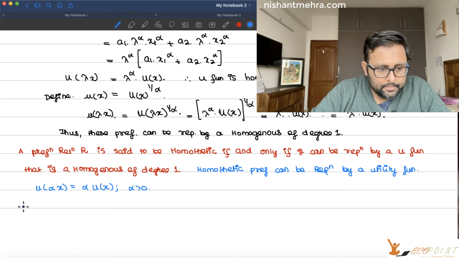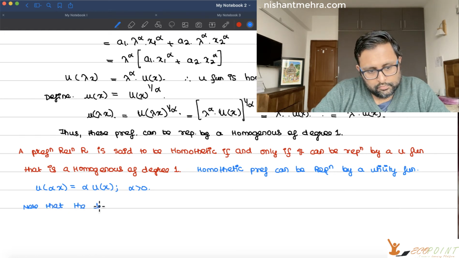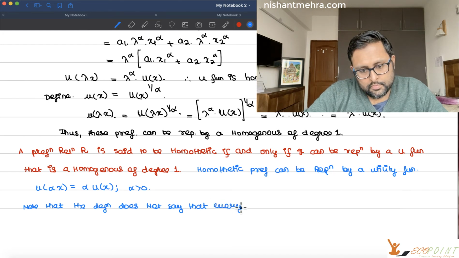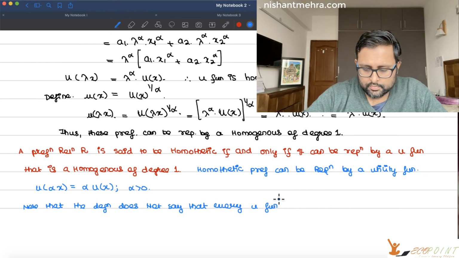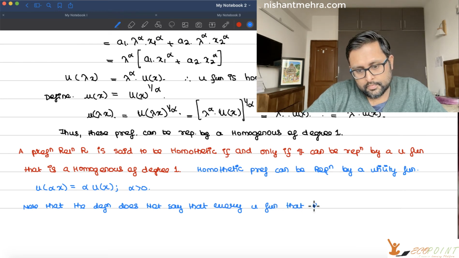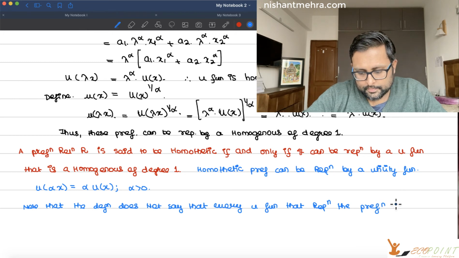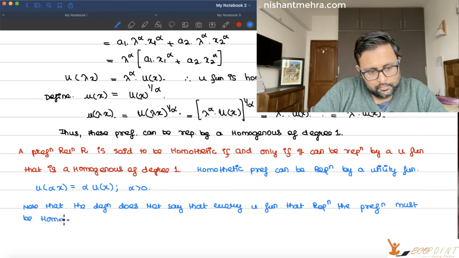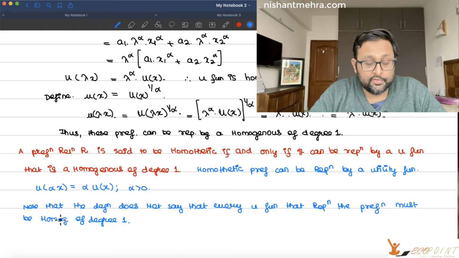So note that the definition does not say that every utility function that represents the preferences must be homogeneous of degree 1. No. It is not saying that.